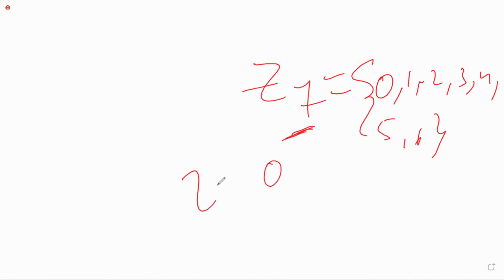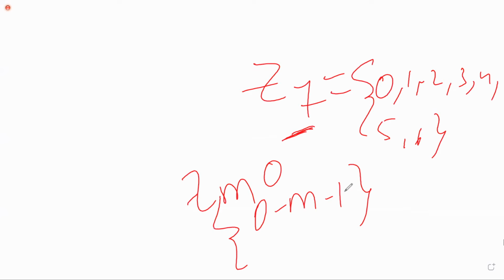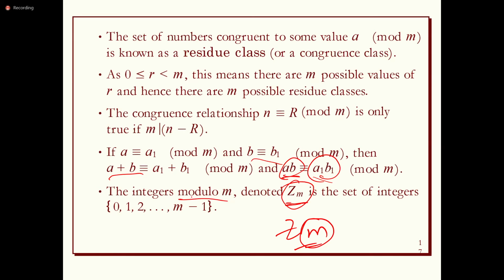So Z7 can be represented as 0, 1, 2, 3, 4, 5 and 6. So Zm means values 0 to M minus 1. So it is a set of integers, which will be useful in modulo arithmetic. So here M is the modulo M, which can be represented as Zm, a set of integers from 0 to M minus 1.